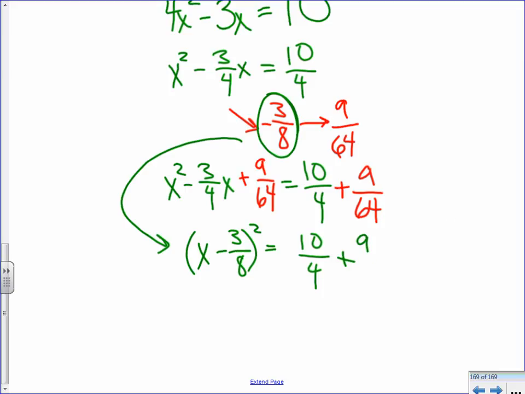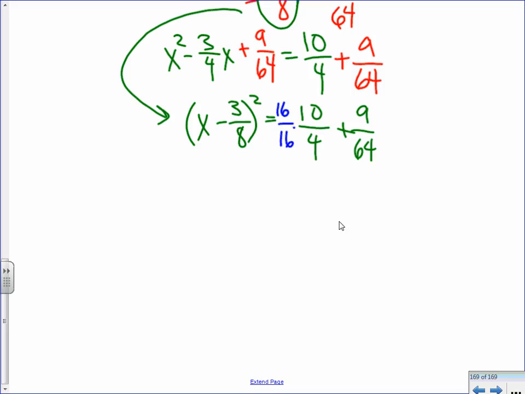So I've got 10/4 plus 9/64, and what I need to do with this first one is multiply it by 16/16. So if I multiply the top by 16 and the bottom by 16, I'm going to get this one as having a denominator of 64.